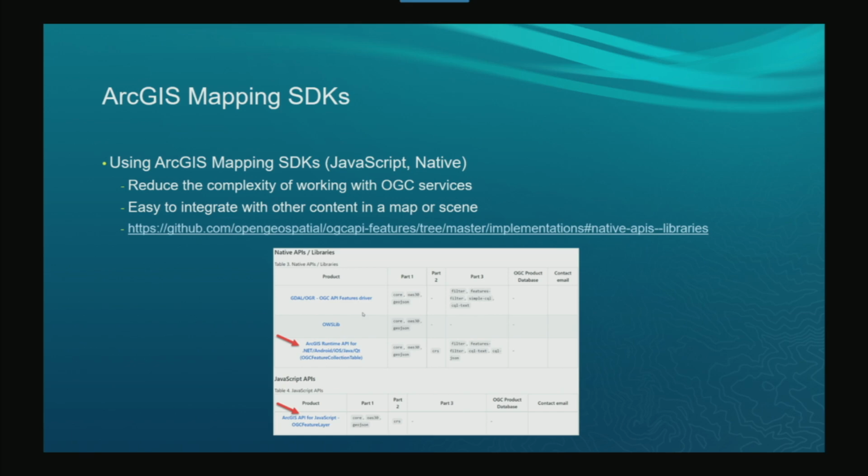And we are advertised as a client library on GitHub for the OGC API Features, as you can see there. We are listed under native API library and JavaScript API, both the JavaScript API and the native one, which supports many languages, and we'll talk about that in a minute.